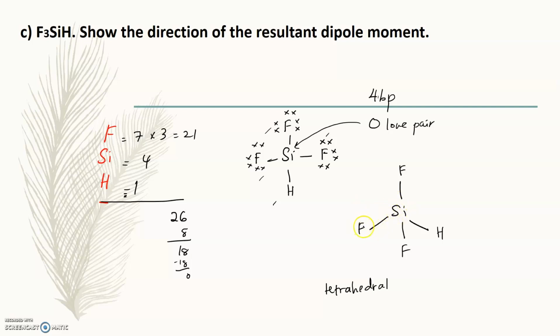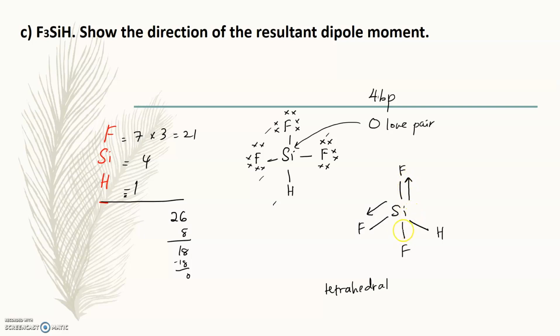So between silicon and fluorine, fluorine is more electronegative, so it will attract more electron share here. Okay, here's one by one the bonding between silicon and fluorine. Fluorine is high electronegativity compared to silicon, so electron will be more attracted towards fluorine.